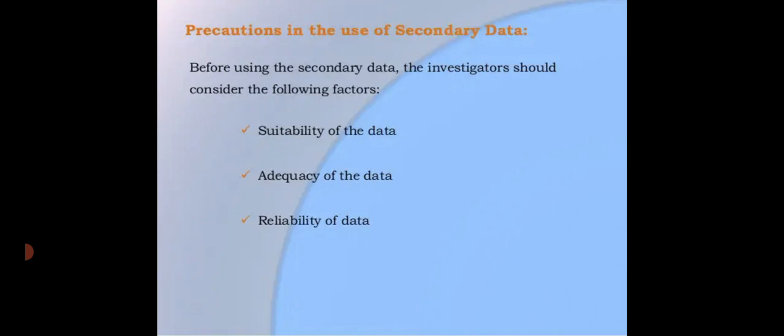But why do we use the NSSO? That is, the reports and publications of the National Sample Survey Office. Reports and publications of the NSSO are another important source of secondary data in India. The NSSO is a government organization under the Ministry of Statistics and Programme Implementation.